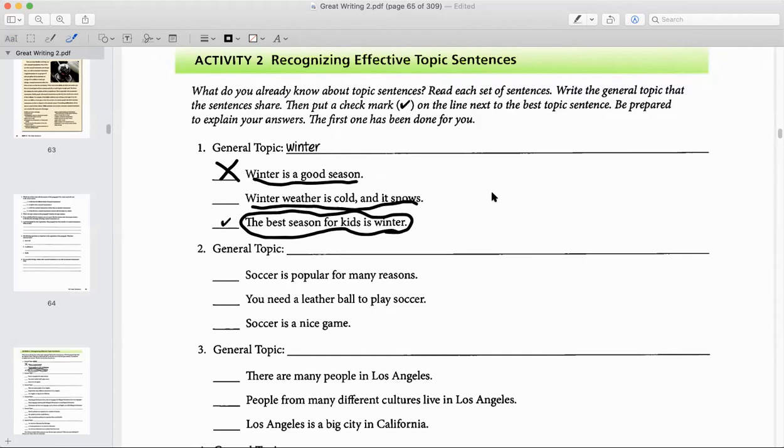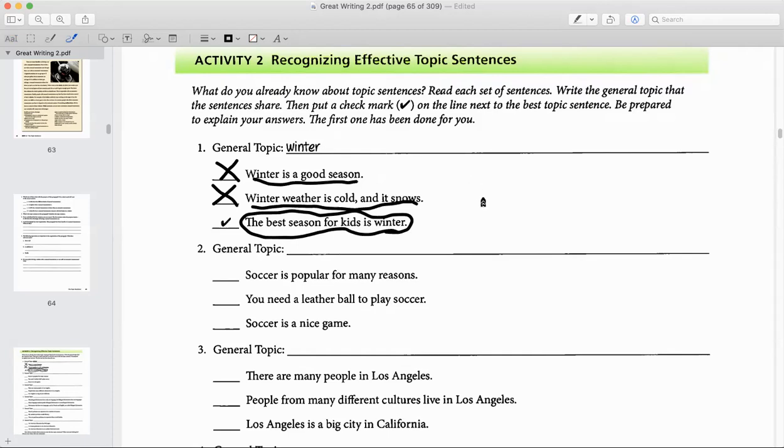So winter weather is cold and it snows. Okay. Well, it's hard to come up with more things to say than that. So that's why this one is maybe too specific. The first one is too general. This one's too specific. And the third one, the best season for kids is winter.